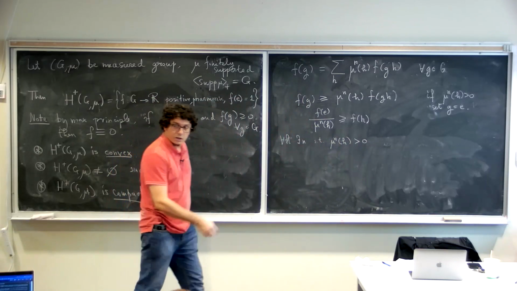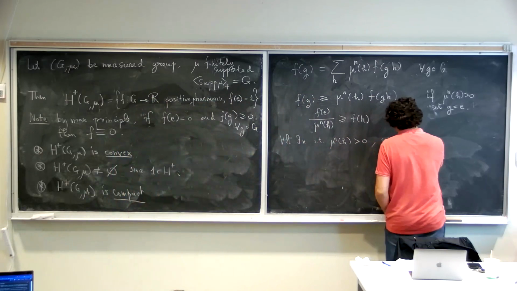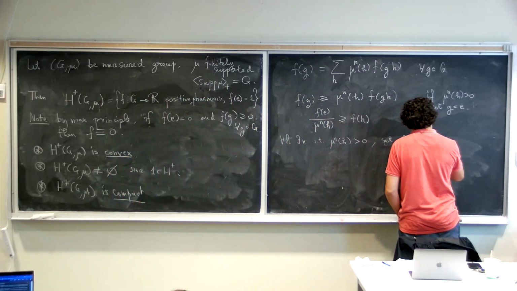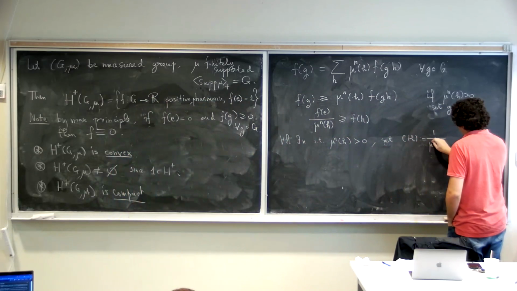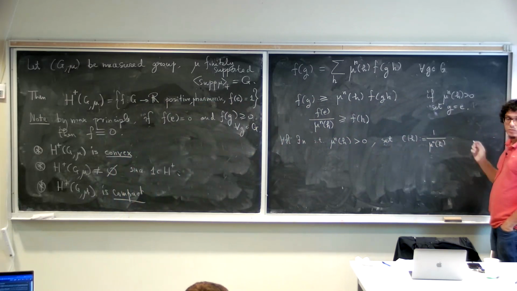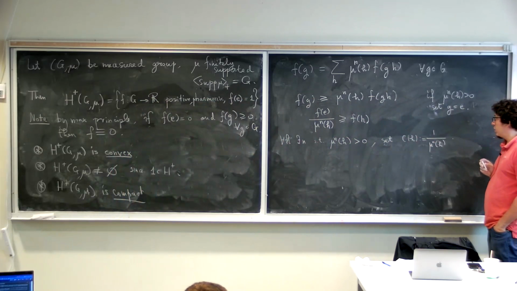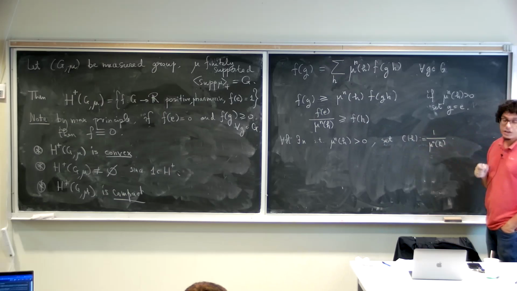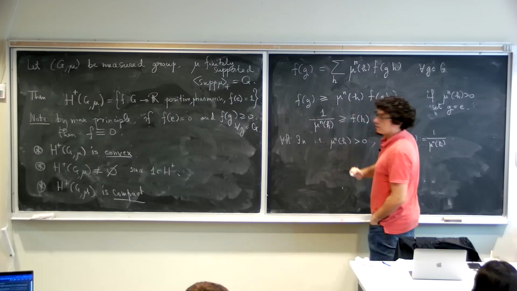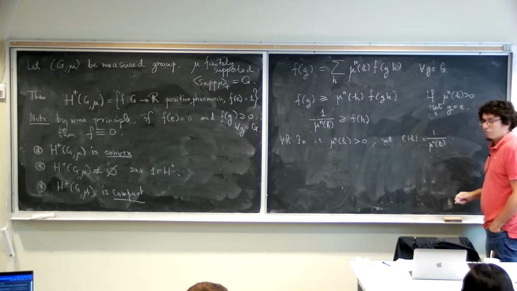Right? And so we set C of h to be 1 over mu n of h. We pick some such n. And in fact, F of identity, we normalized it, so it's 1.